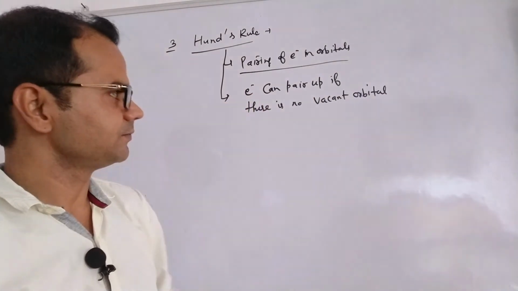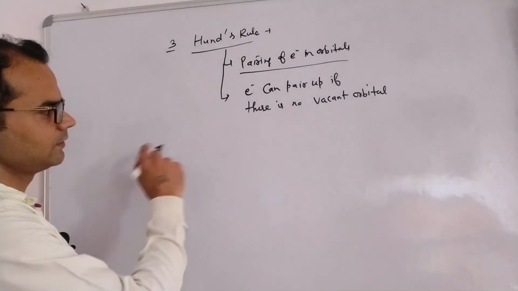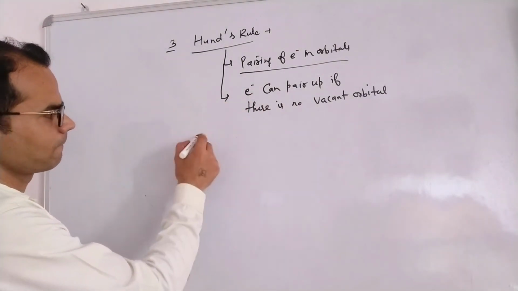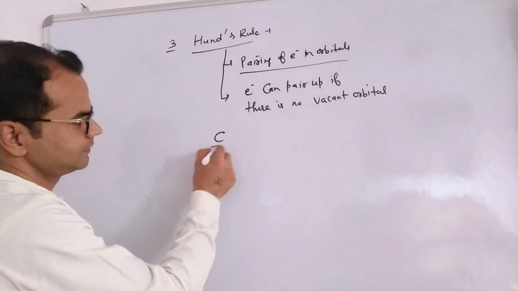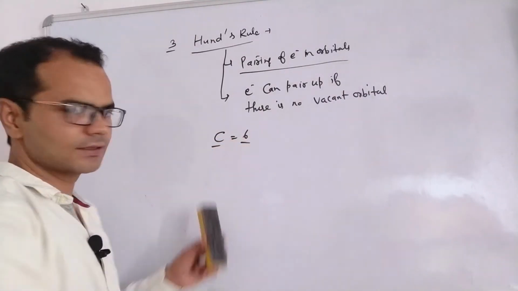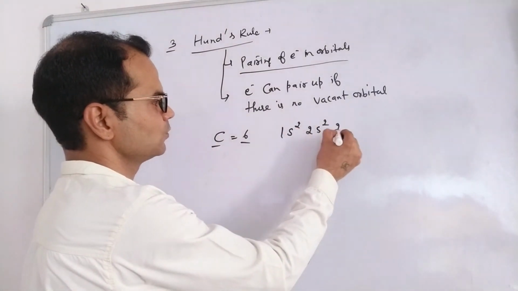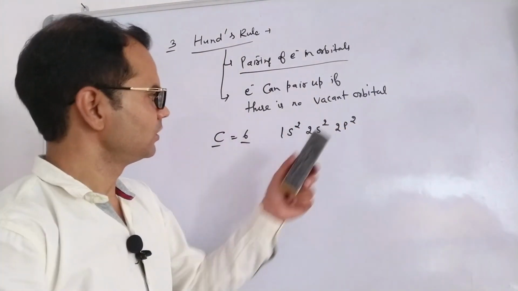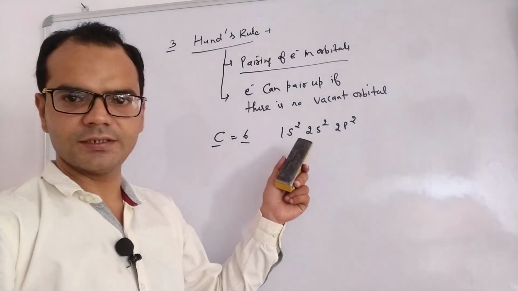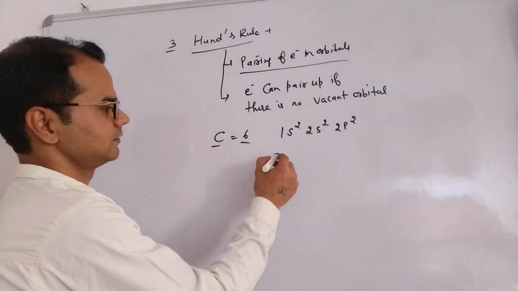Let's understand with an example. For example, the atomic number of carbon is 6. So its configuration will be 1s2, 2s2, 2p2. Now I am going to represent this configuration in orbitals.